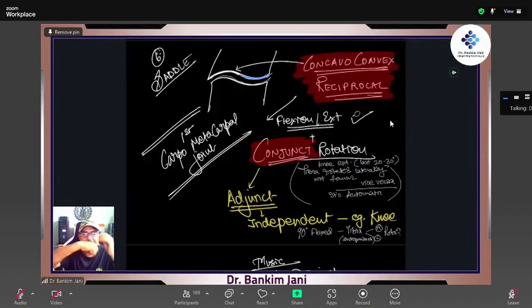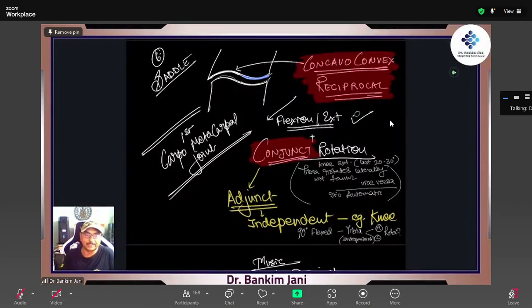If you consider this is the femur and this one is the tibia, as we try to extend this tibia, it rotates externally. The tibia rotates externally or laterally in the last 20 to 30 degrees of extension. And similarly, from this point, when you want to flex, first the tibia will rotate slightly and then the flexion would start.